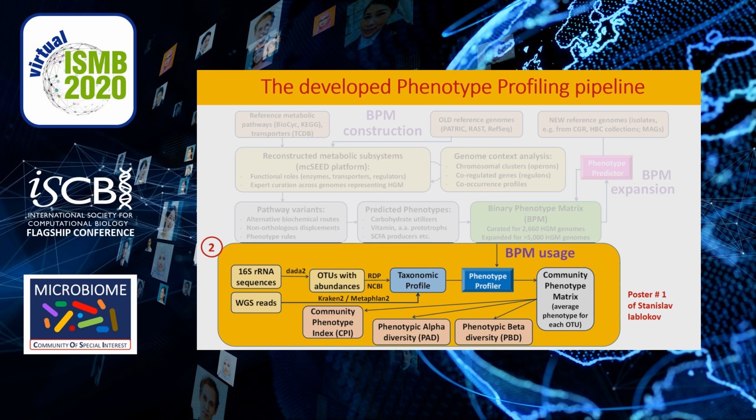Finally it calculates three metrics: community phenotype index, which is a percentage of pathway holders; phenotypic alpha diversity, which is the alpha diversity of carriers of a particular phenotype; and also phenotypic beta diversity. For more details, please look at the posters by Stanislav Yablokov.